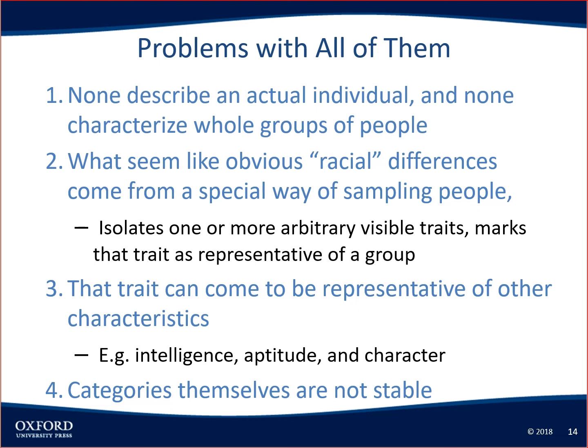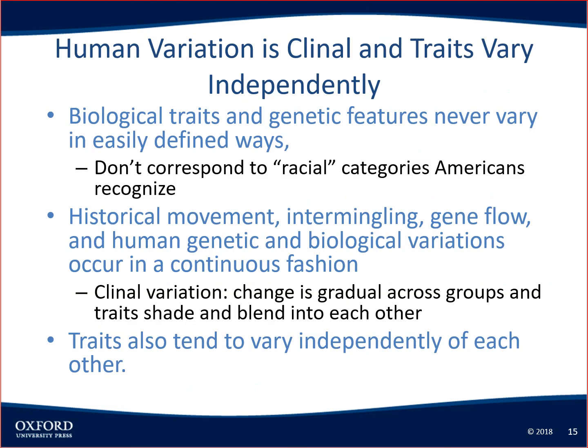The categories themselves are not stable. So what this basically means is that you can start saying that people from Northern Australia, we'll say, have blue eyes and therefore they are extraordinarily intelligent. Doesn't make much sense.